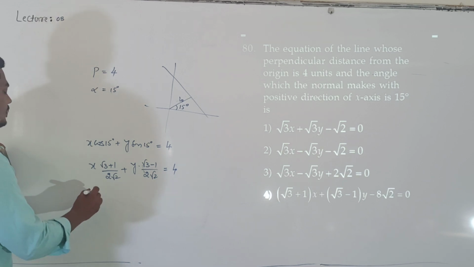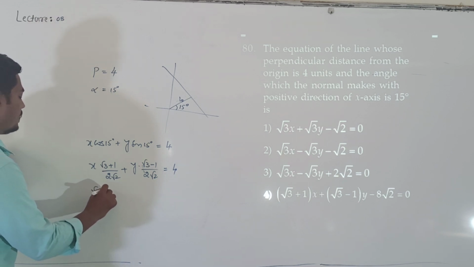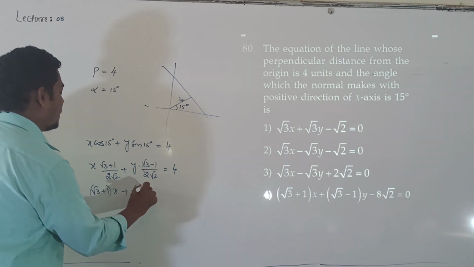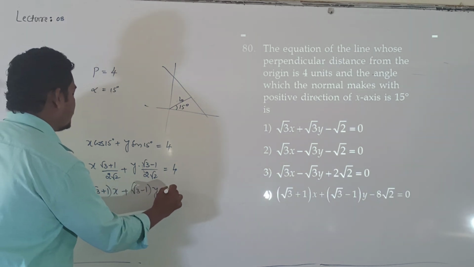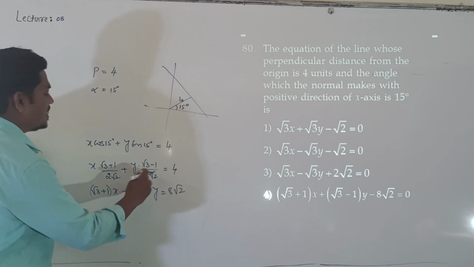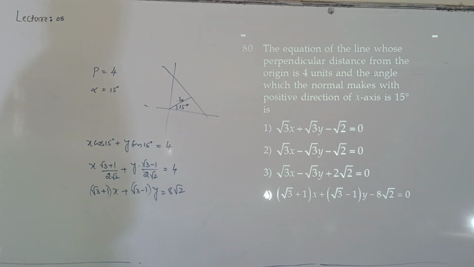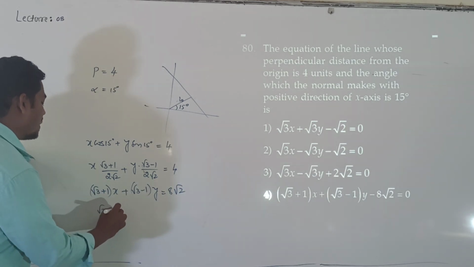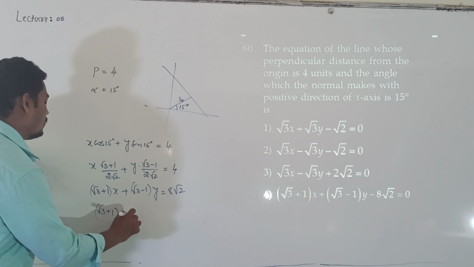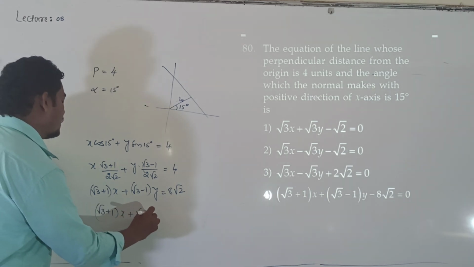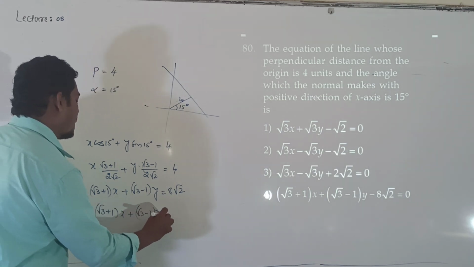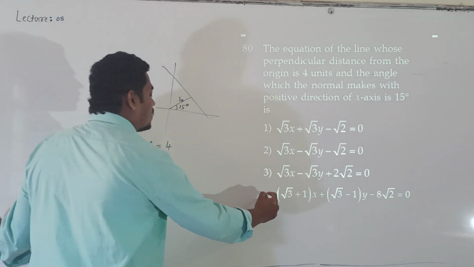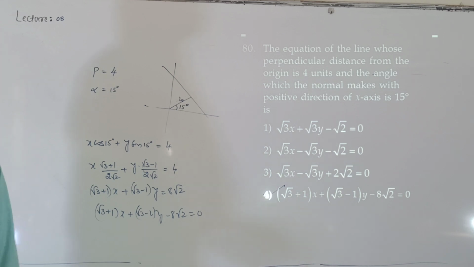Just taking LCM means root 3 plus 1 into x plus root 3 minus 1 into y equal to 8 root 2, just cross multiplication, or else just take it into LHS: root 3 plus 1 into x plus root 3 minus 1 into y minus 8 root 2 equal to 0. That is, the fourth option is the correct answer.